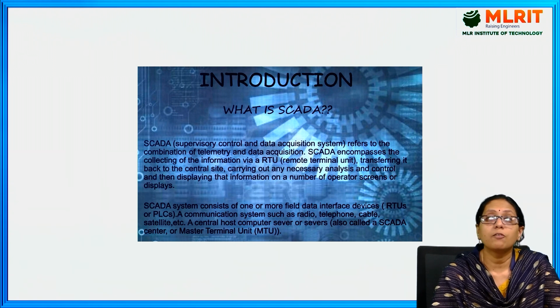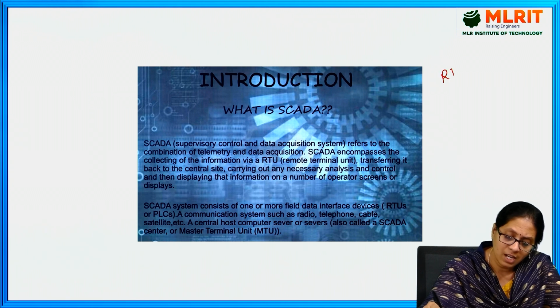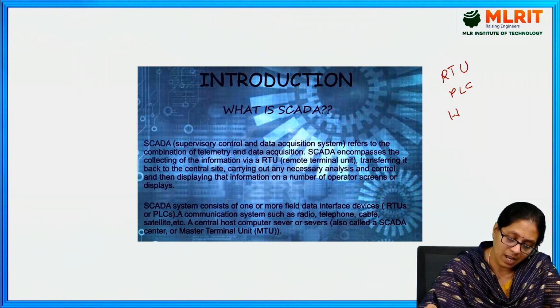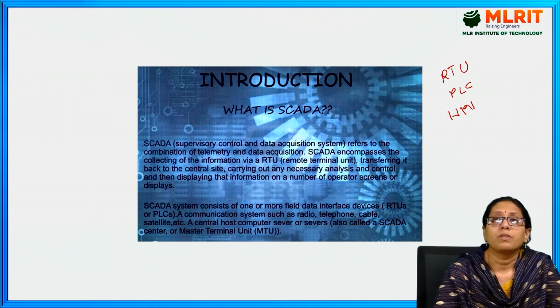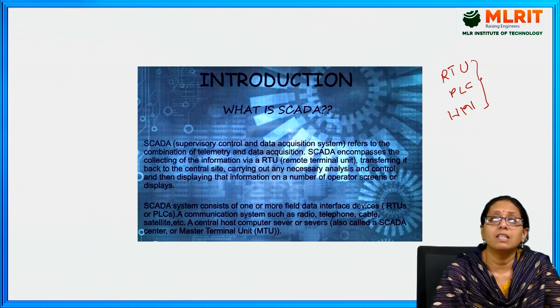There will be different levels, like level 1 of operation, level 2 of operation in the industries. So the Scada system can be operated by using the different sensors at different levels as well as different locations. And it majorly uses the RTU, PLC system as well as HMI. By using these three techniques, the Scada system majorly works.